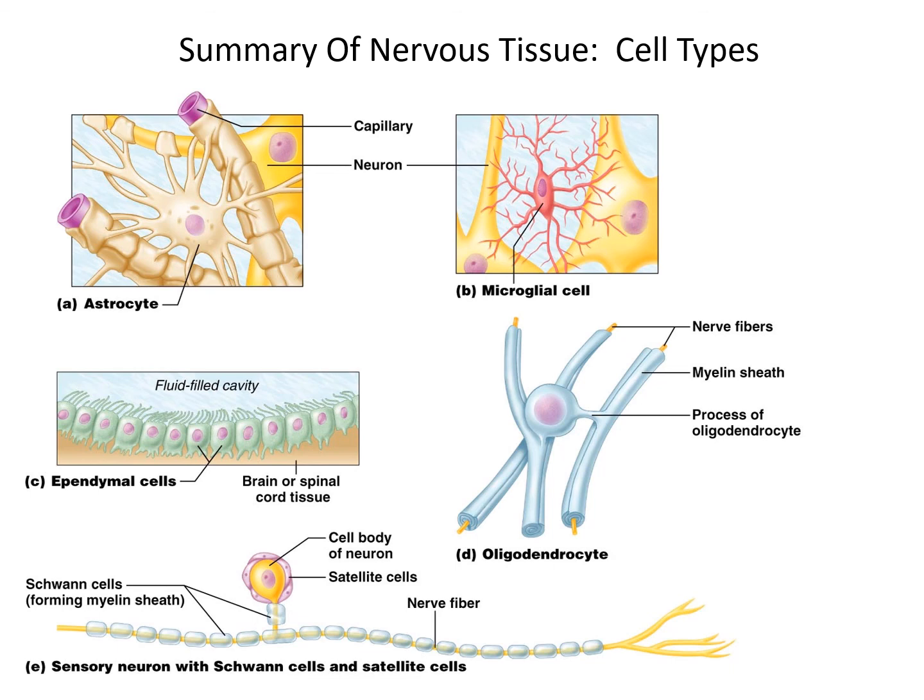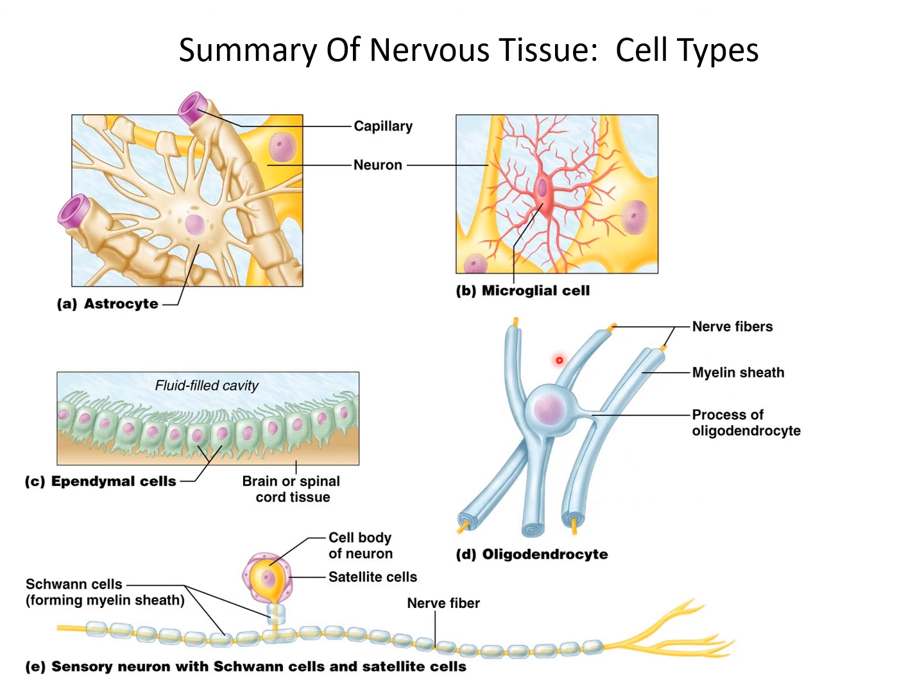Here is a summary of all of the different cell types that we're talking about in this class present within the nervous system. All of these cells up here are only present in the central nervous system. We have our astrocytes doing all sorts of different maintenance. Microglial cells, essentially your immune representation within your central nervous system, kind of vacuuming up whatever doesn't belong. Ependymal cells producing, monitoring, and circulating cerebrospinal fluid.